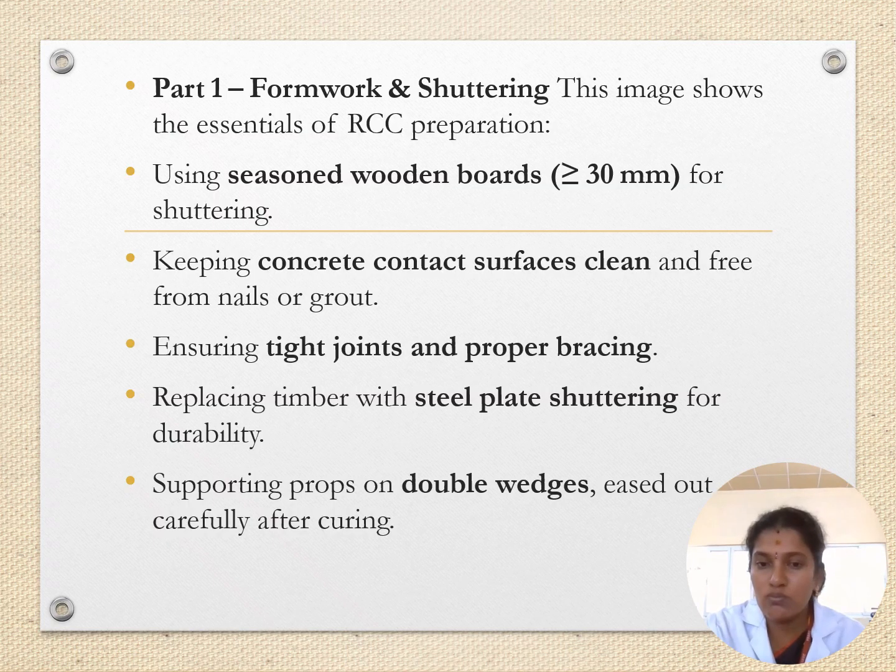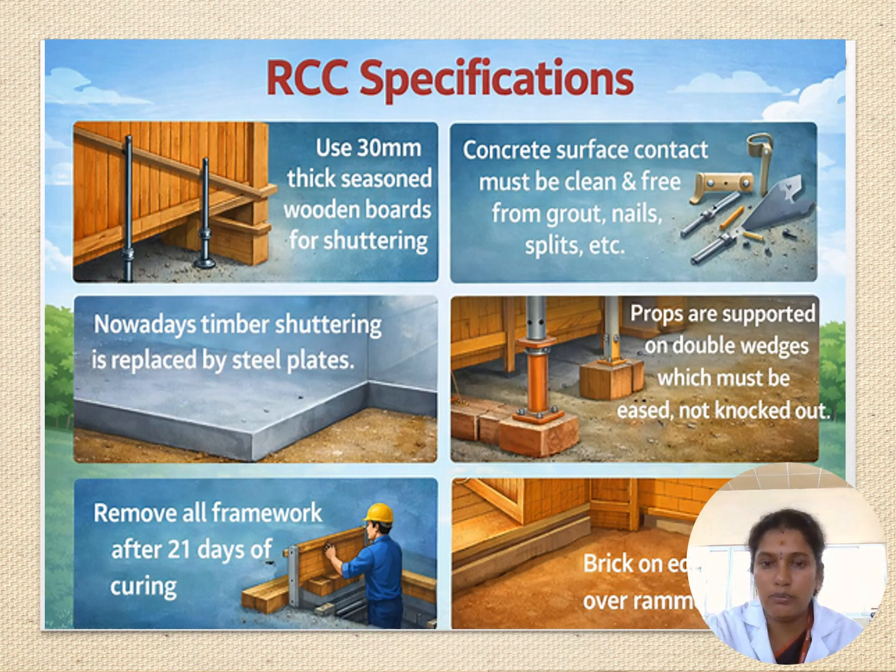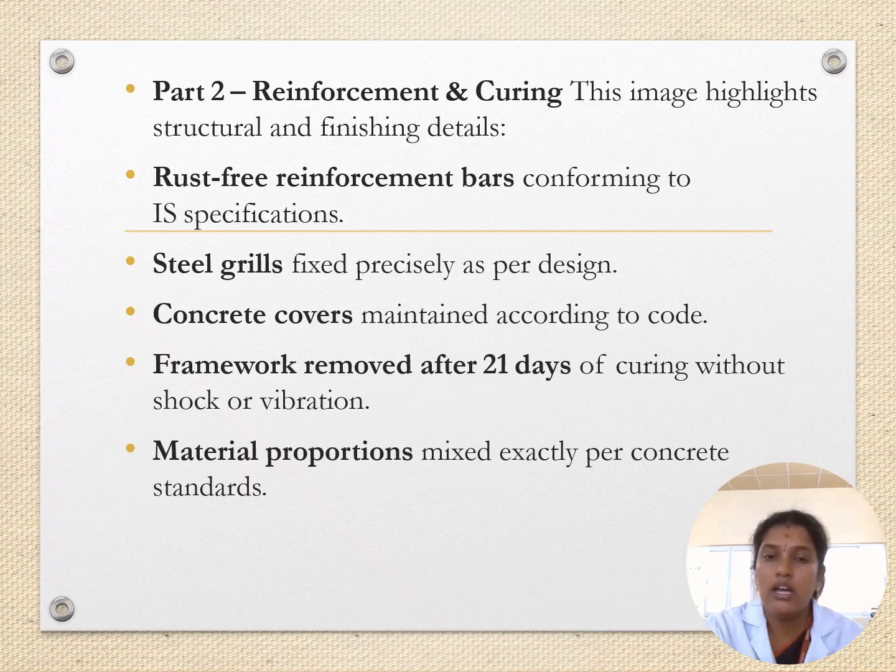Nowadays most constructions are replacing timber structures with steel plate structures, right? So this will be included. Supporting double wedges are provided for these. These images describe the detailed specifications. And what is the reinforcing, the rust free reinforcement.